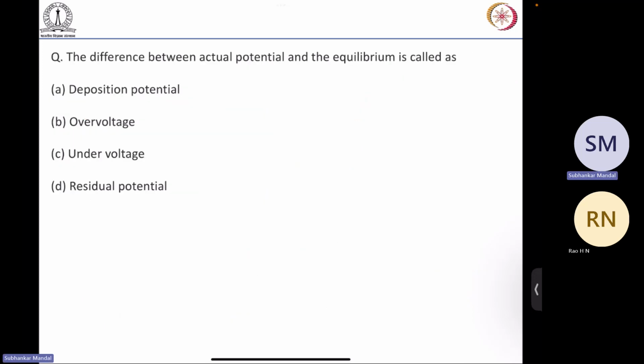Okay. The difference between the actual potential and the equilibrium potential is called what? I think it is discussed in the video. Deposition potential, over voltage, under voltage, residual voltage.